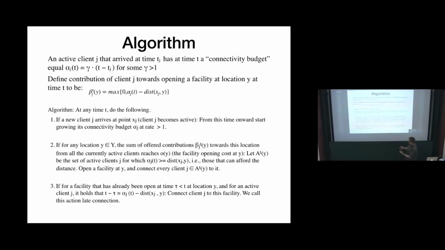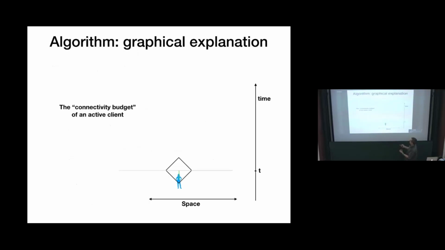Right. So let me show you a picture of how this budget looks. This space could be more complicated, but for simplicity's sake, it's like a line. But then there's a time, and this will be like an L1 ball in 2 dimensions. So you can think of this budget after waiting that much.